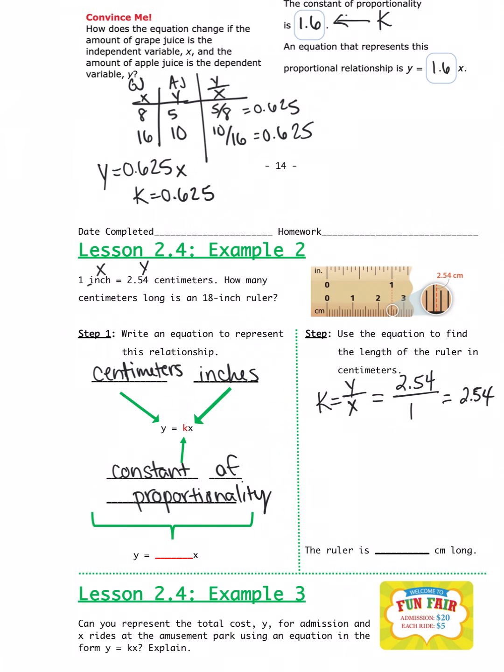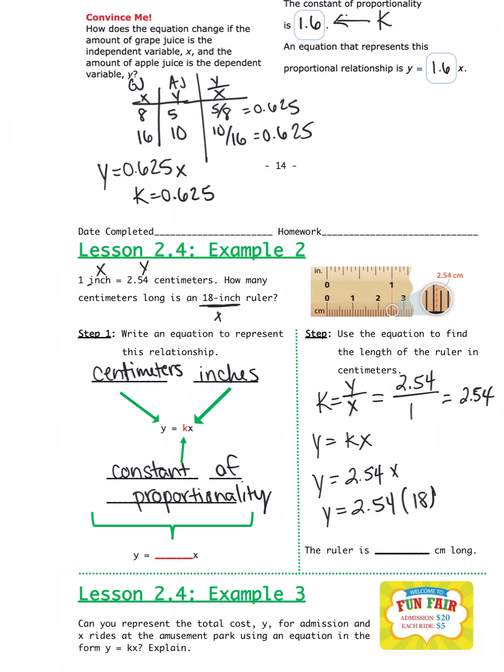If we stick it into the equation y equals kx, our y is going to equal 2.54x. We know what our x is for what we want to know: for 18 inches, this is going to be x as well. So we're going to say y equals 2.54 times 18.